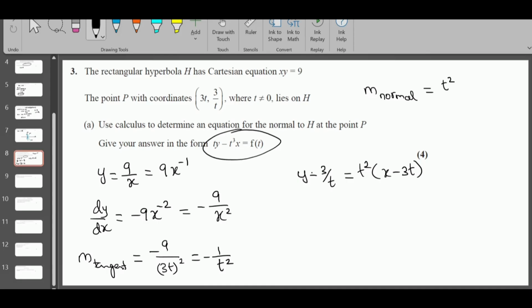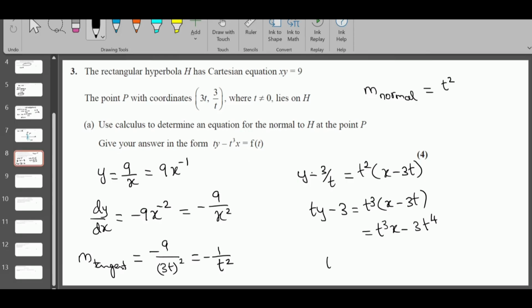So multiply throughout by t to get rid of the fraction. ty minus 3 is t cube times x minus 3t, which is t cube x minus 3t power 4. Bring t cube x this side, you'll get ty minus t cube x is equal to, bring 3 to the other side, 3 minus 3t power 4. On the right hand side, they want a function of t. That's all. It's a 4-mark question.